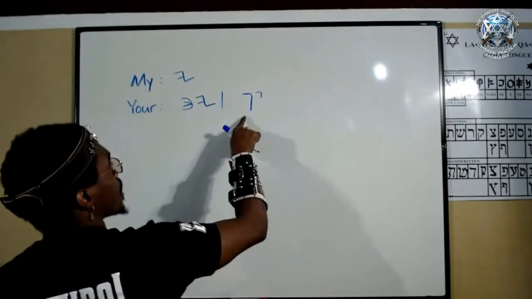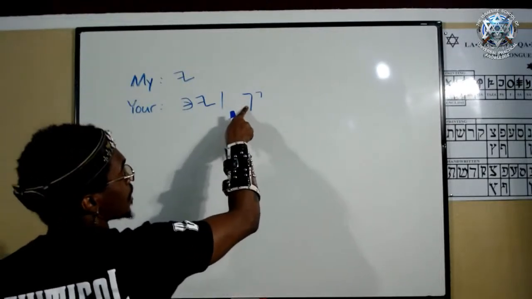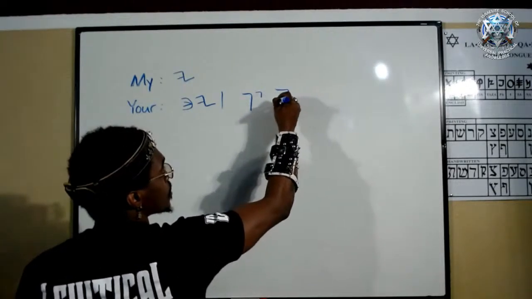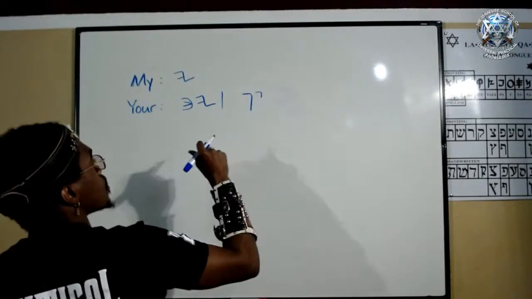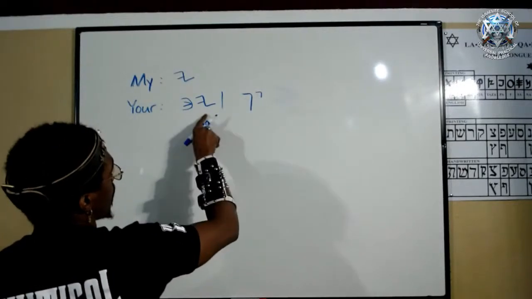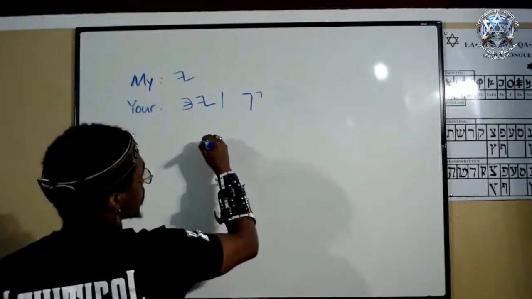Now, because this is going at the end, I'm going to use this ka instead of this ka because it's at the end. So, ba ya ka will be the word.